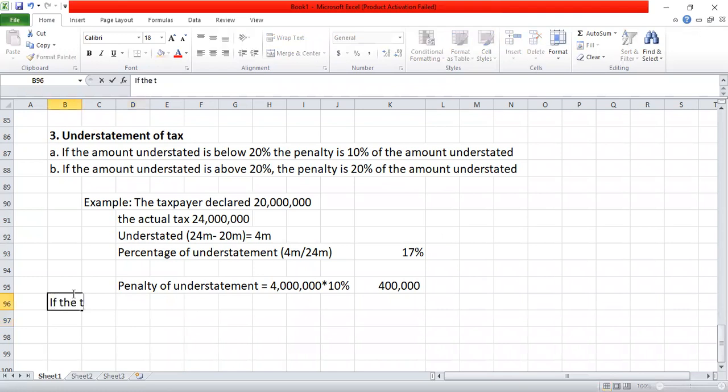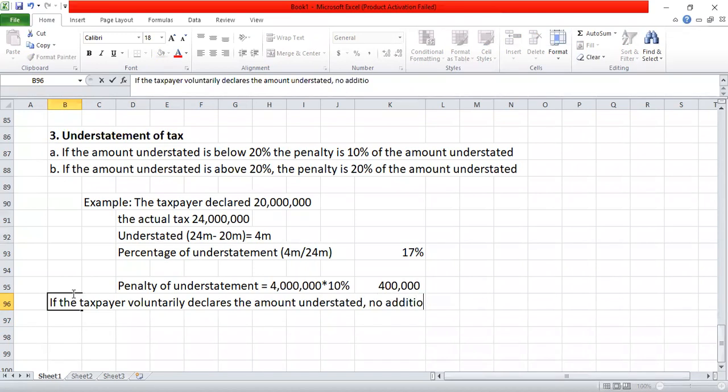If the taxpayer voluntarily declares the amount understated, no additional penalty will be paid.